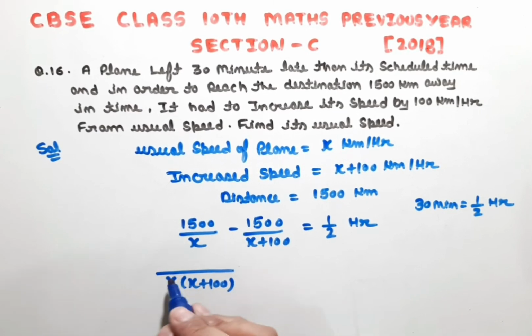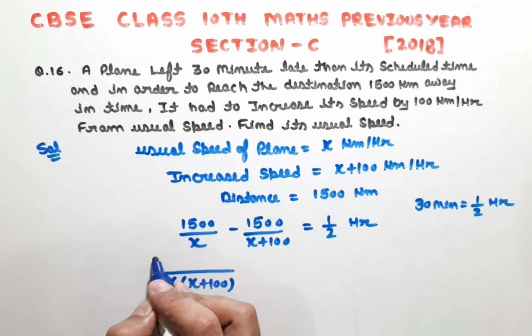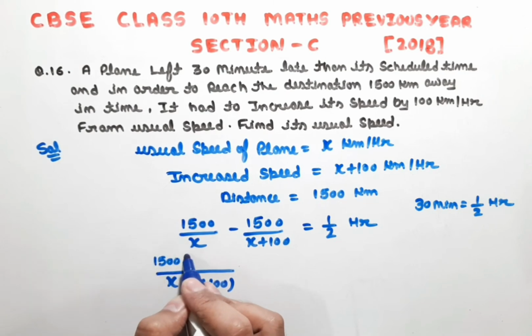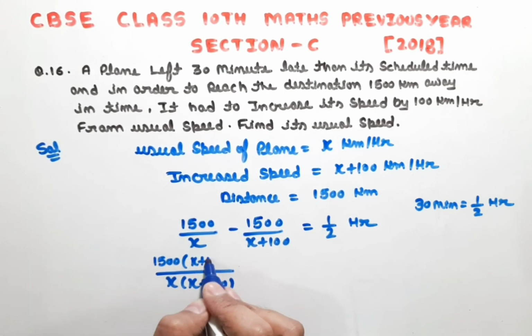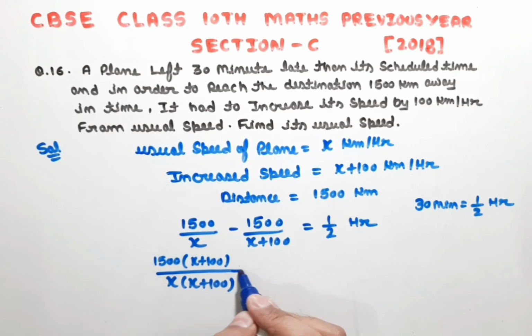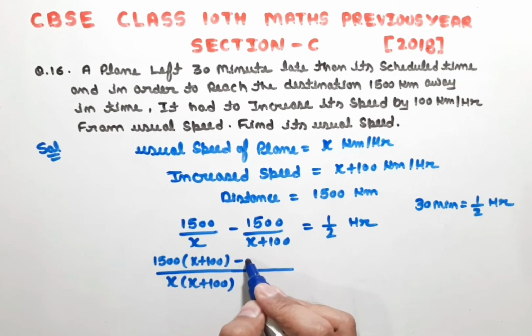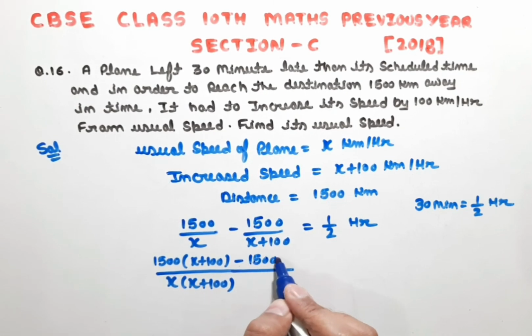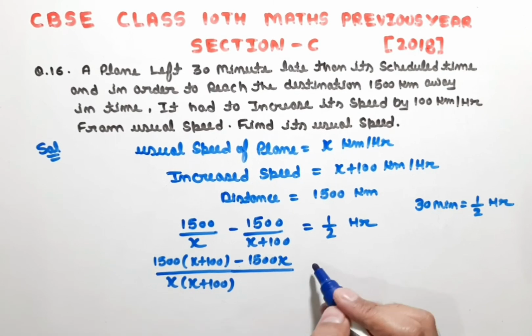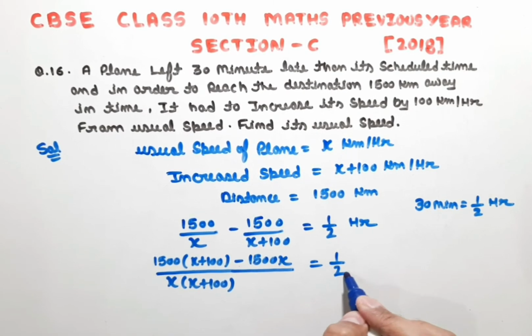and x will be cancelled out from x, so x plus 100 will be multiplied to 1500, that will be equals to 1500 into x plus 100. x plus 100 will be cancelled out from x plus 100, then x will be multiplied to 1500, so this will be 1500x, that is equals to 1 upon 2.